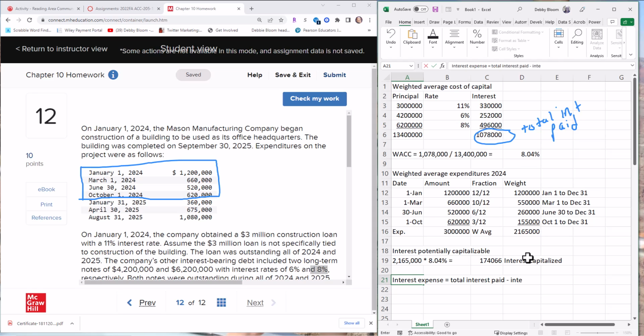Subtract out the interest capitalized. So my interest expense will be $1,078,000. Subtract 174,066.